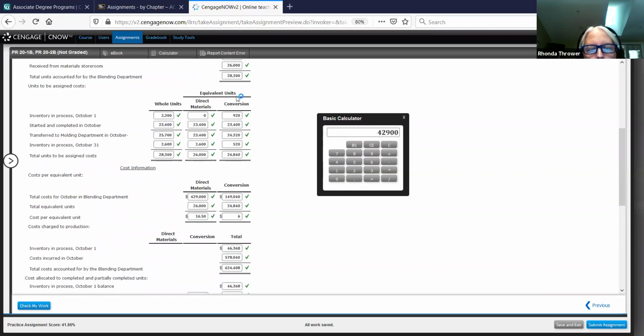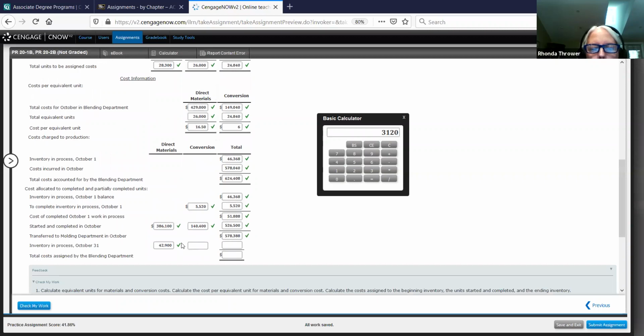Remember that you're doing this based on equivalent units. Your equivalent units for your ending inventory for conversion is 520 units. So 520 units times $6 gives you the ending inventory cost in this period for conversion.